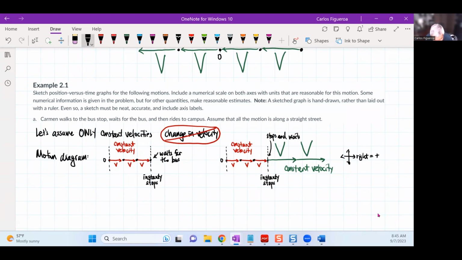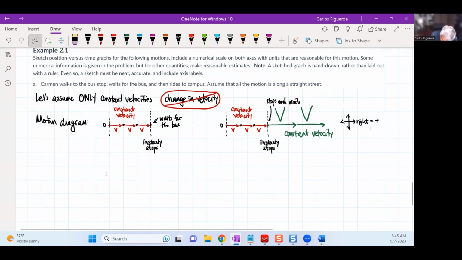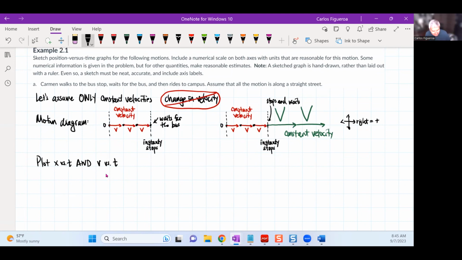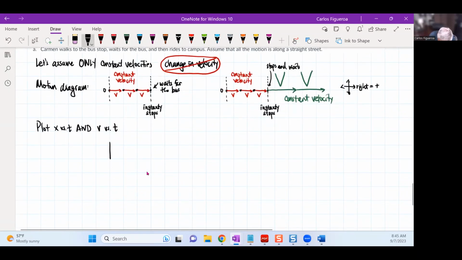So how does my graph look? So now what we want to do here is plot position versus time and velocity versus time. So let's do that. So if I look at my graph, I'm going to say that it looks like this. So Carmen moves at a low speed. So what does that mean?